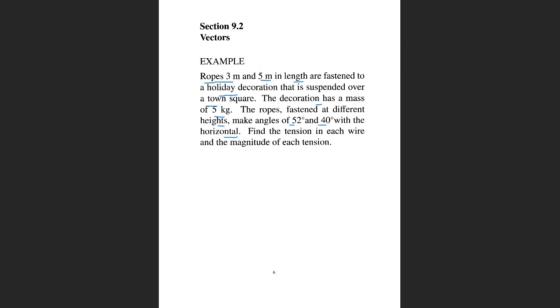We want to find the tension in each wire and the magnitude of each tension. These ropes are holding up this mass, and there are force tensions on these ropes. We want to find what those tensions are, what those vectors are, because the tensions are represented by vectors, and then find the magnitude of the tensions.